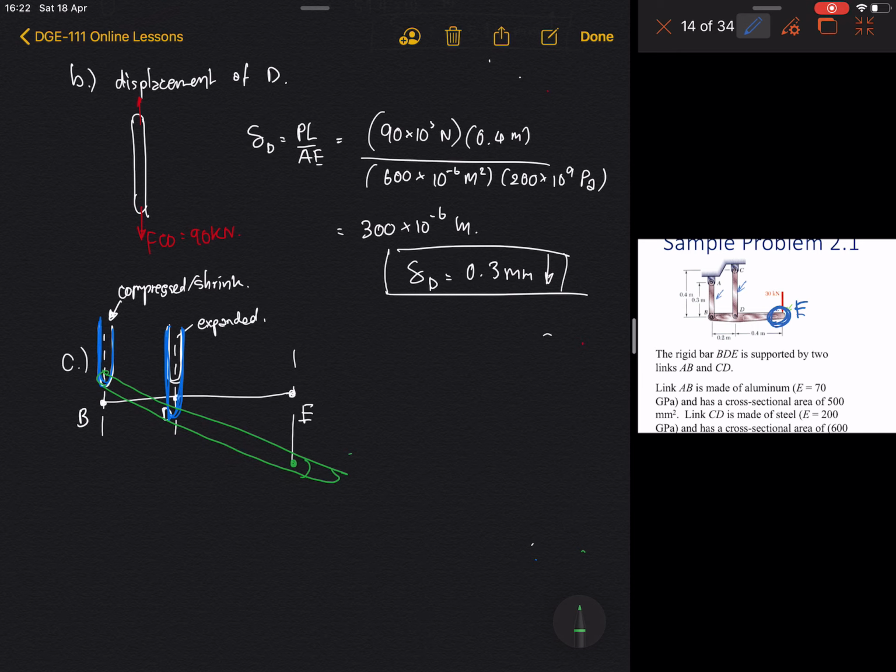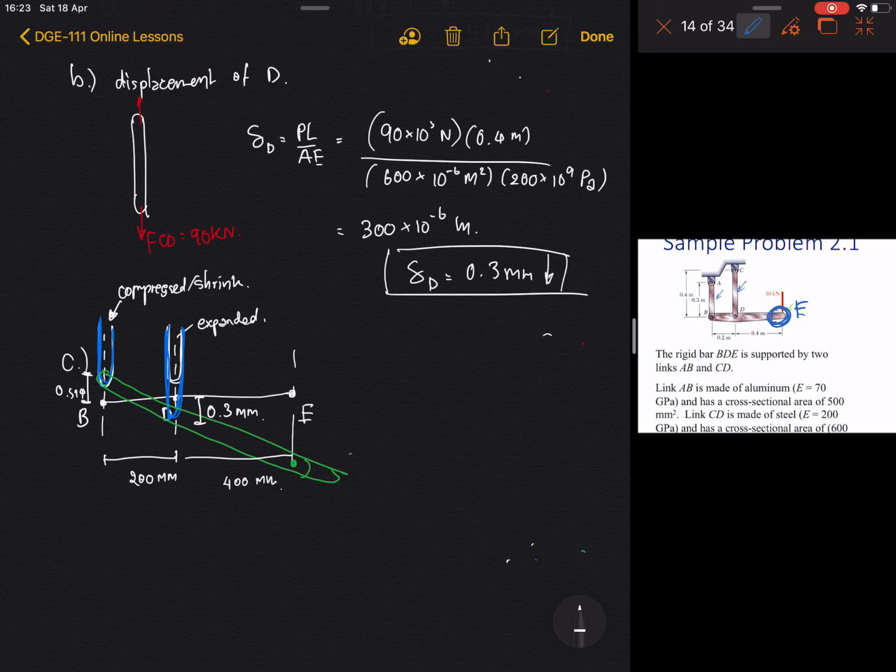And then you know already that this is 200 millimeters and this is 400 millimeters. Then you know that this one deformed by 0.514 and this one deformed by 0.3 millimeters.